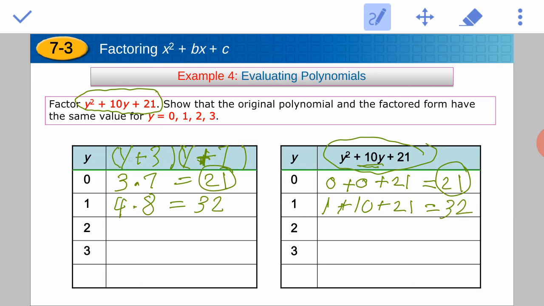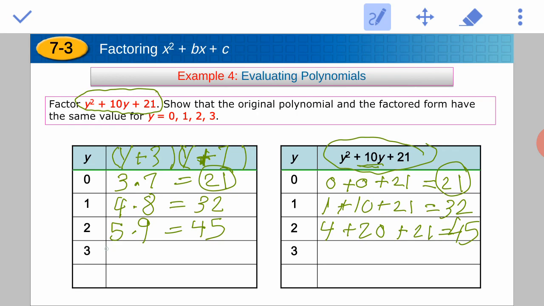If you plug 2 in the factored form, 2 plus 3 is 5, 2 plus 7 is 9, and 5 times 9 is 45. When you plug 2 in the original polynomial, 2 squared is 4, 10 times 2 is 20, and 4 plus 20 plus 21 adds up to 45.